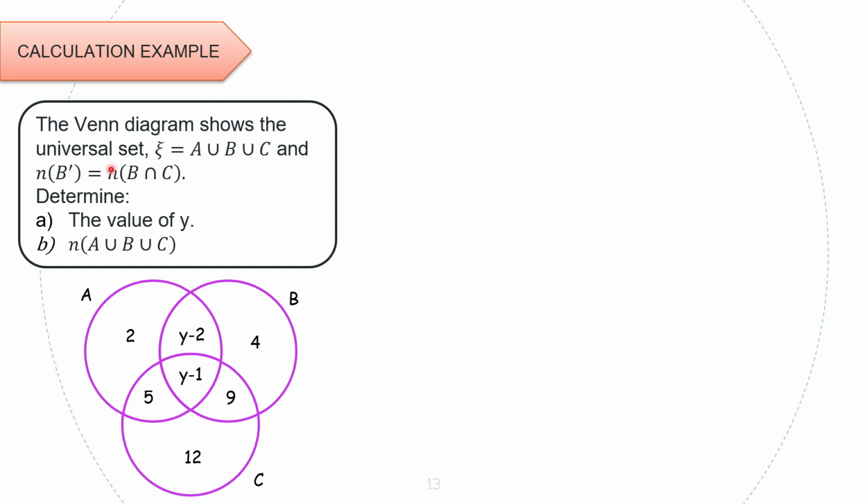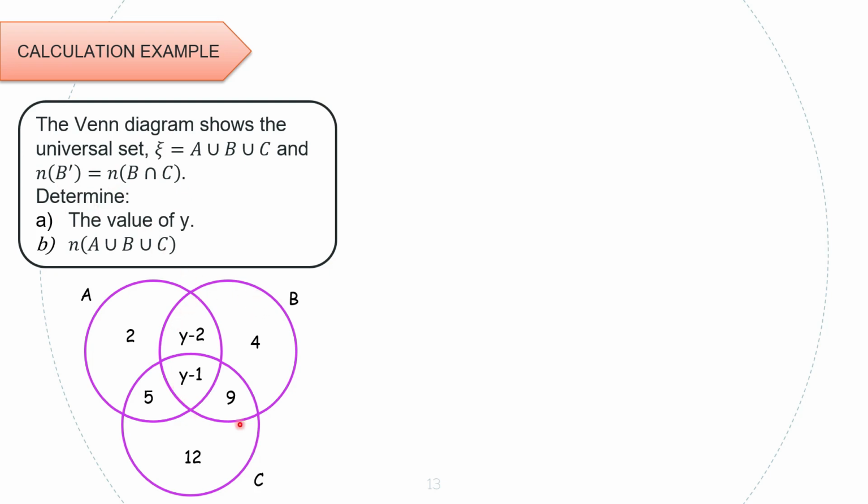The Venn diagram shows the universal set, which is equal to set A, set B, union with set C. The small m is the number of elements in the complement of set B. It says that the number of elements in the complement of set B is equal to the number of elements in set B intersect with set C. So determine the value of y.